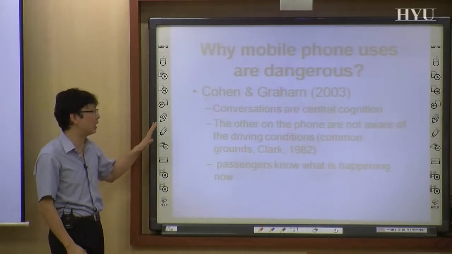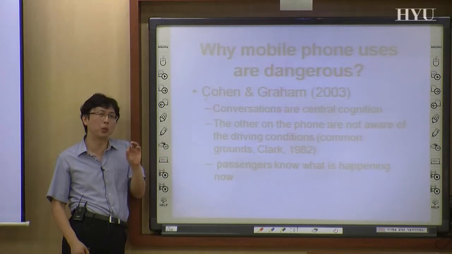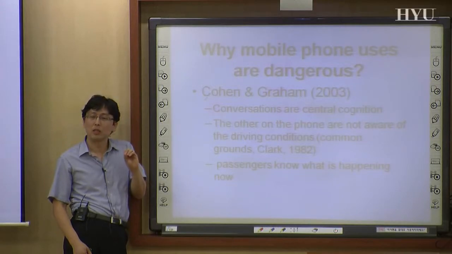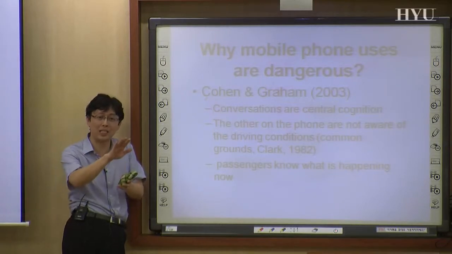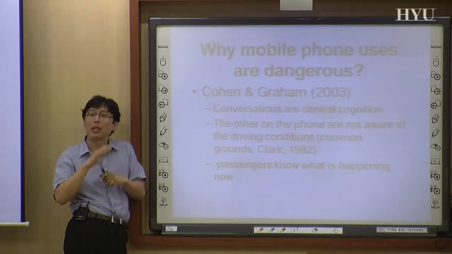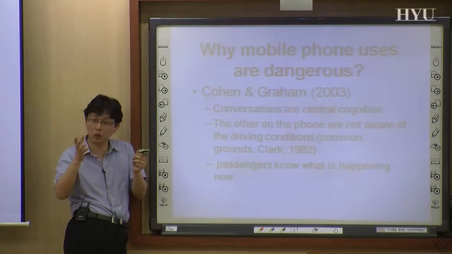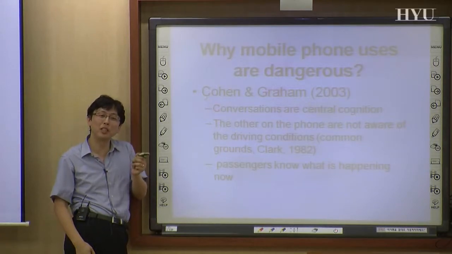They compared mobile phone use versus just in-car conversation. While you're driving, your passenger and you can talk to each other, right? But that isn't much trouble, is it? You can drive and talk with your passengers, right? But why is the mobile phone dangerous?